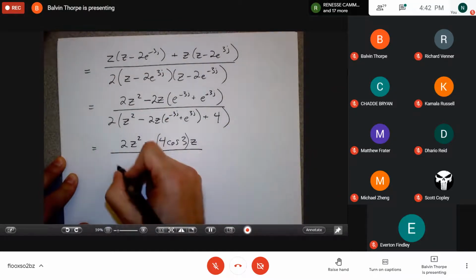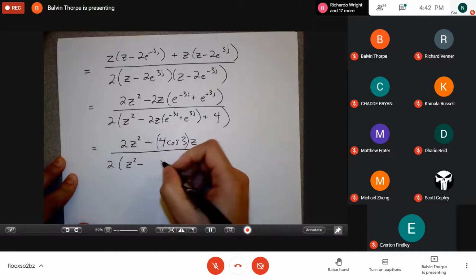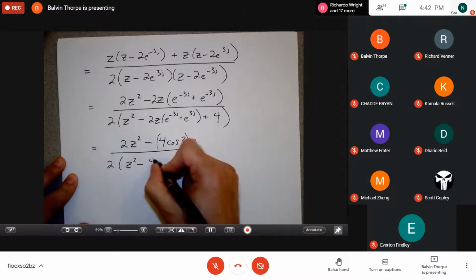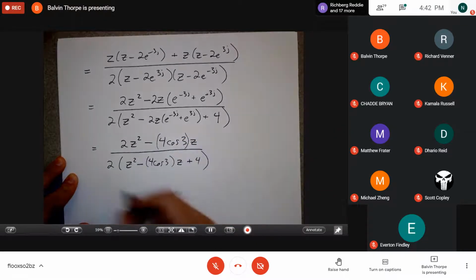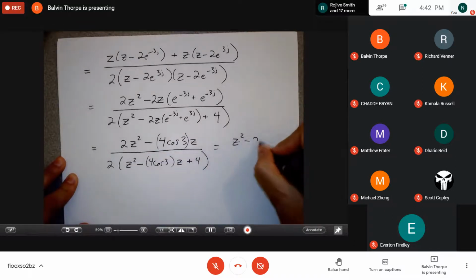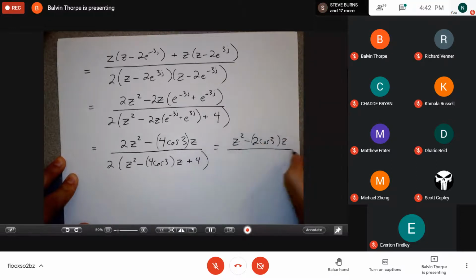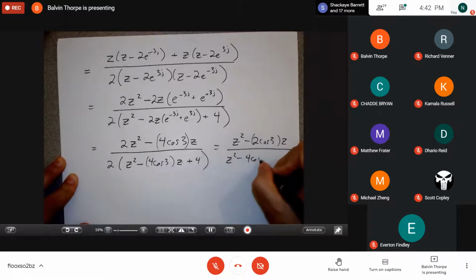So then I'm going to get a 2 times z squared minus 4 cosine of 3z plus 4. And so then I'm going to be able to cancel this 2 out to get z squared minus 2 cosine of 3z over z squared minus 4 cosine of 3z plus 4.